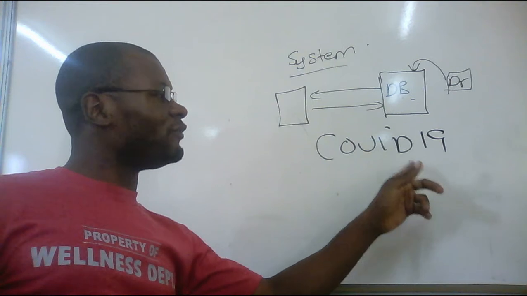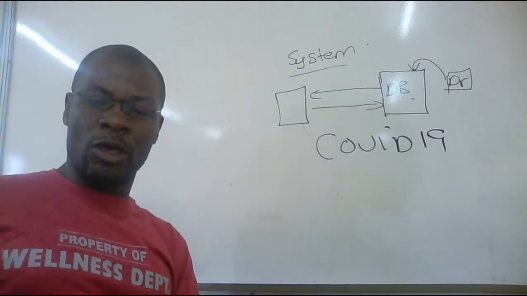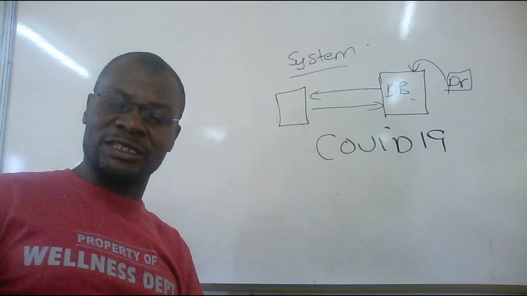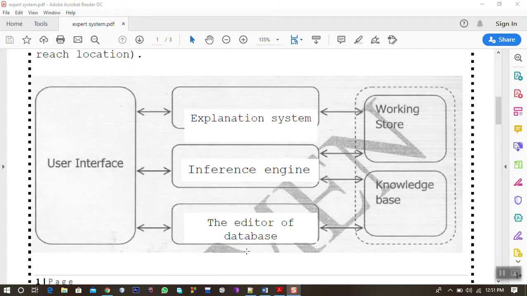So to put the information now in the database of an expert system for medicine, we need to use the knowledge base. And in this knowledge base, we are going to use what we call the editor of the database to update this. Normally there are questions which come during exams: which part of the expert system do you think needs to be updated? That is the knowledge base.